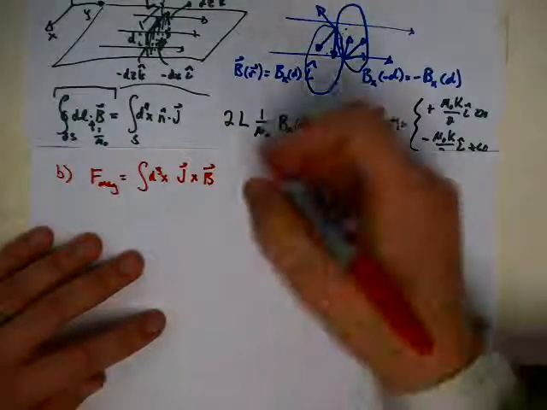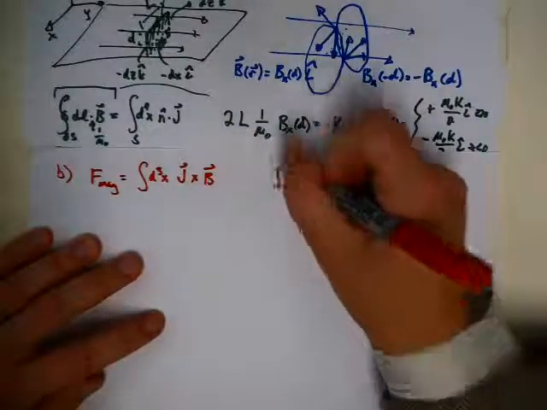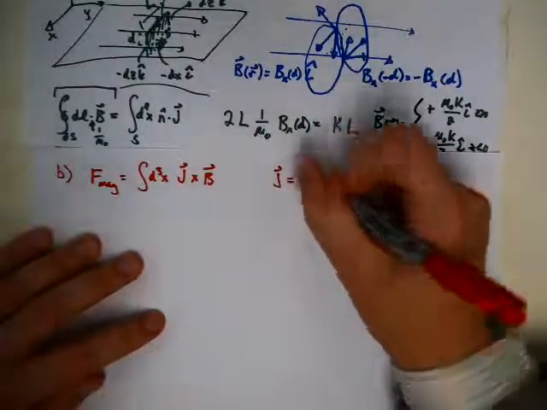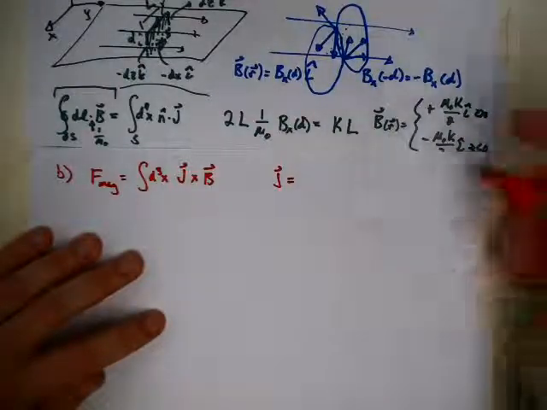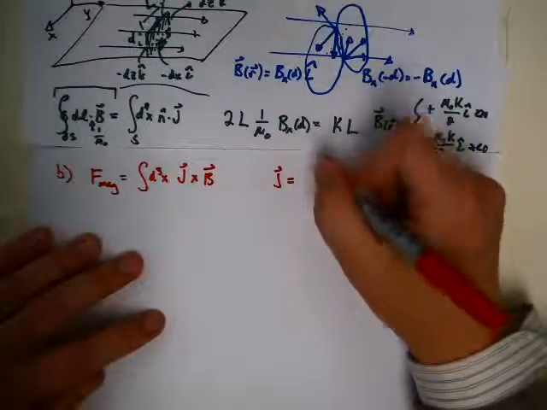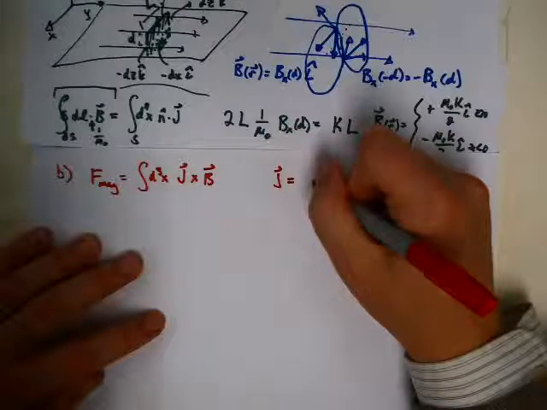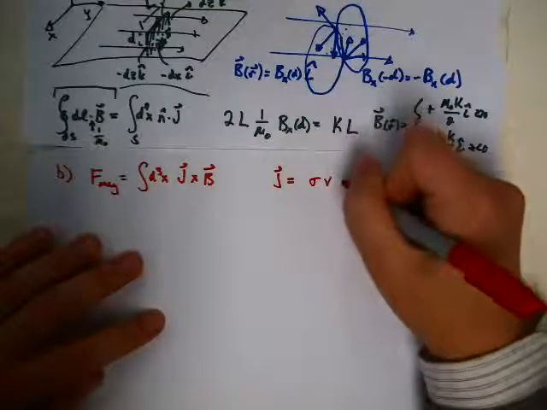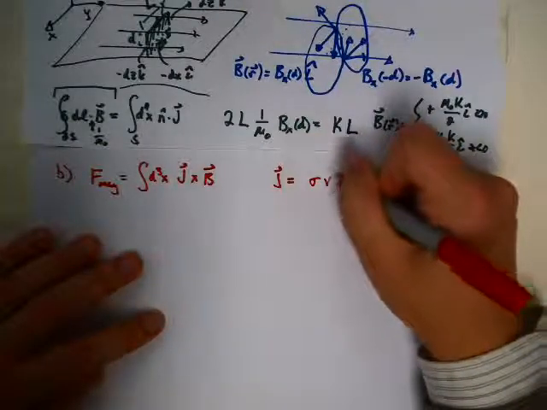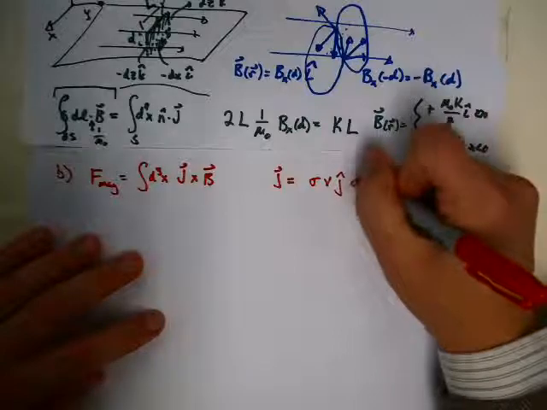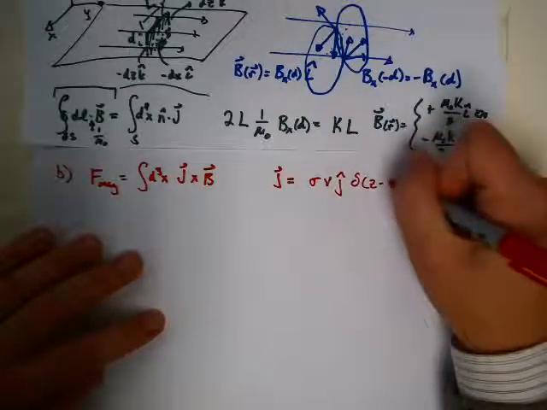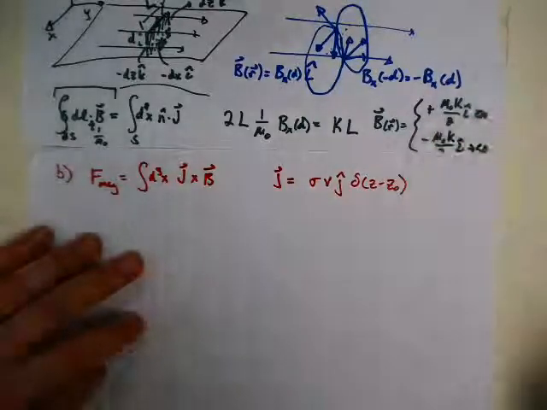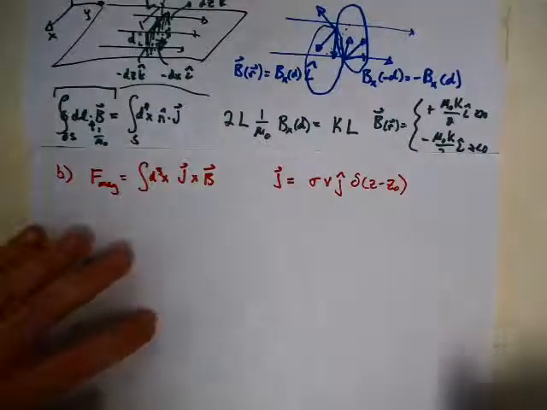We've already found that, so now we need J. J for the top plate is going to be fixed at one position, so we can use a delta function to define that. We can define this as plus sigma V, in the positive J hat direction, times delta of z minus z naught, where z naught is the position at which the plate is sitting.